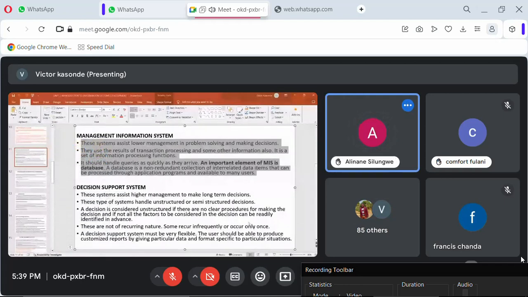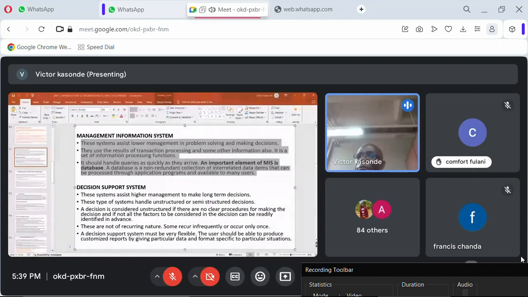Speaking of queries, what queries are we talking about? Is it a system failure or something else? Not system failure. It is querying to do with transactions which were done on that particular day. For example, I want to find out how many registered.